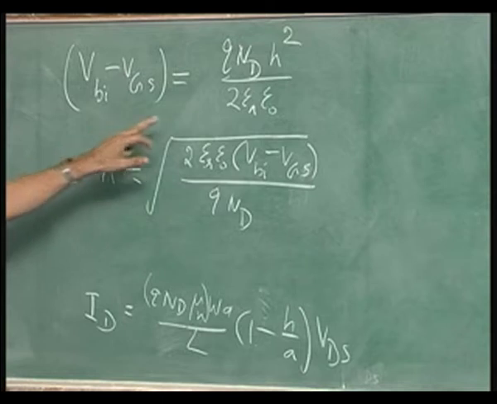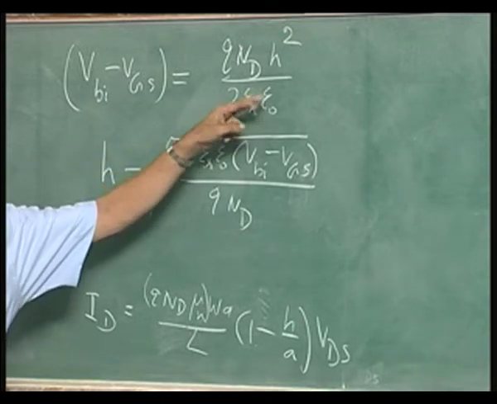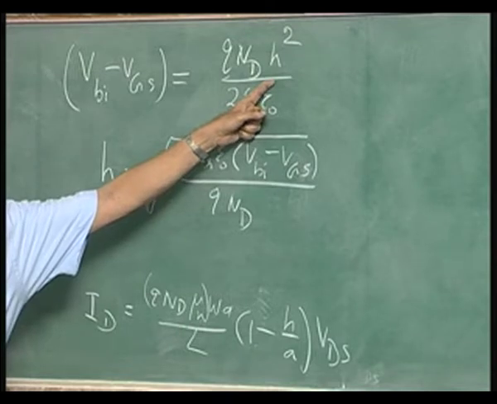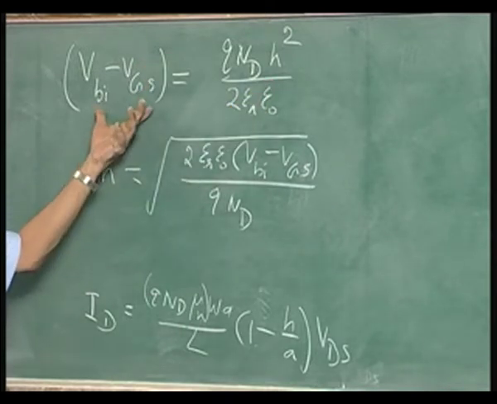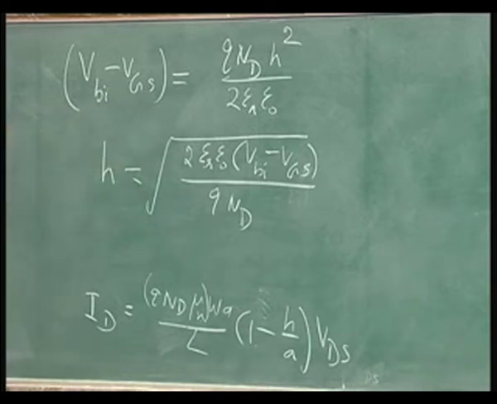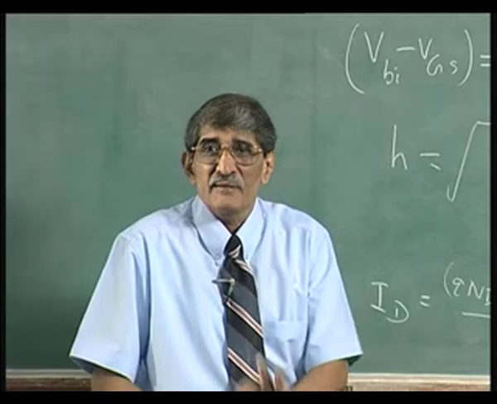This is related to H. I am replacing this by A and defining the total potential, which is V B I minus V G S. I have got V p 0. It is not the applied voltage. It will include the applied voltage also. It may be depleted at 0 bias also, depending upon thickness.